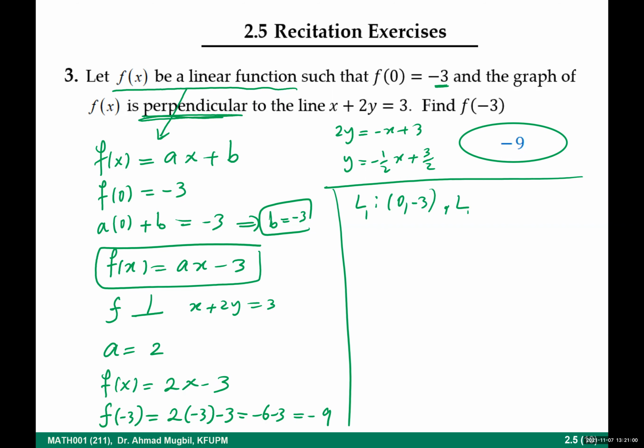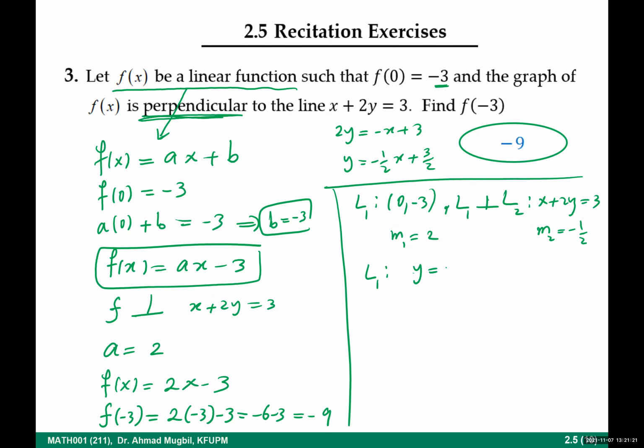This line is perpendicular to another line, L2. What is L2? L2 is x plus 2y equals 3. Its slope, m2, is -0.5. So the slope of our line will be 2.